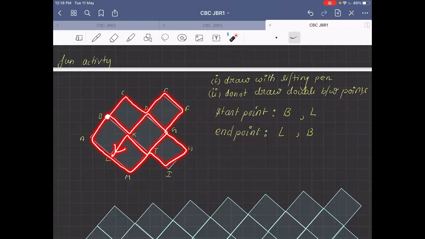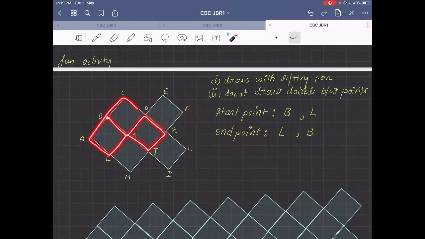See, I didn't lift my laser pen, and neither did I make a double line. Did you see that? And it's not the only path. You can do it the other way around. Tick, tick, tick, tick. See, again, I didn't lift my pen. So this is correct. Any other point you choose will not make it.